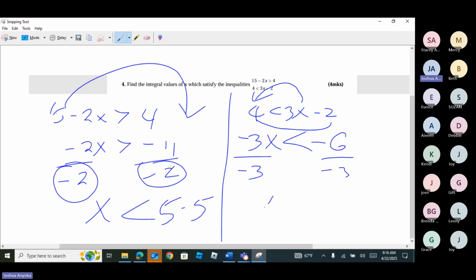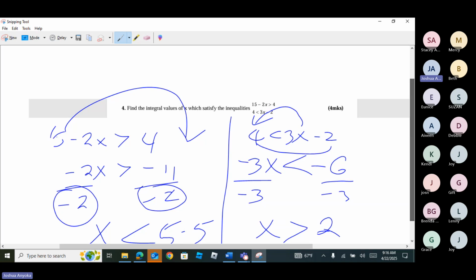Dividing by a negative, the inequality sign will change, and that one now becomes 2. All the time, have the unknown on the left hand side. If it is negative, as we divide all through by something, the inequality sign will change.